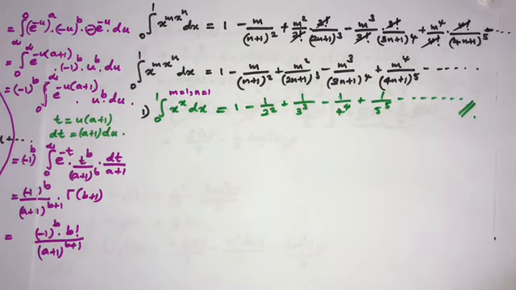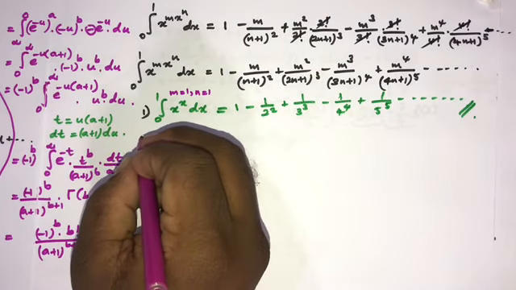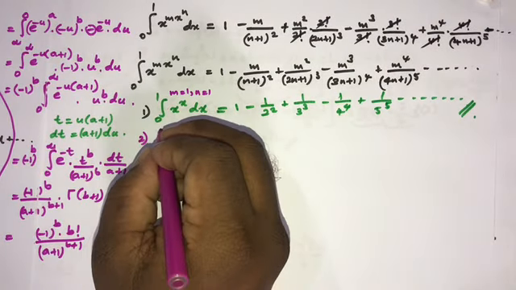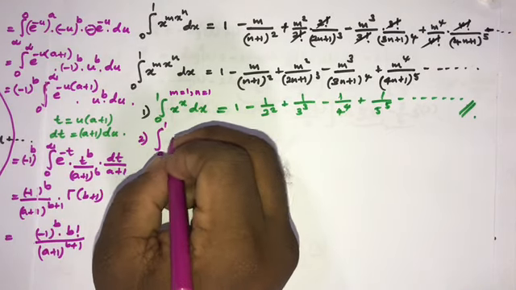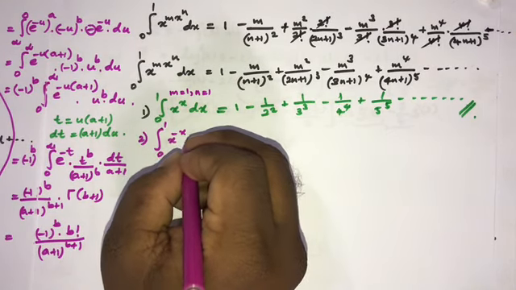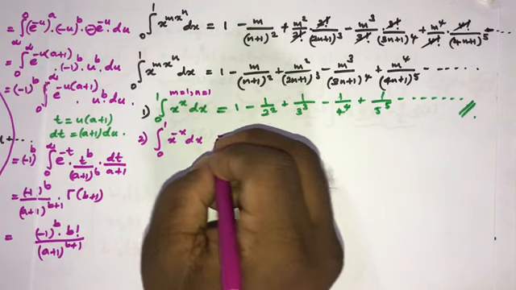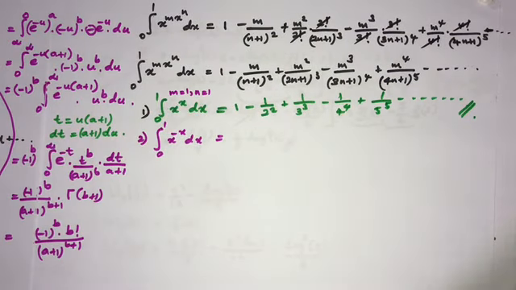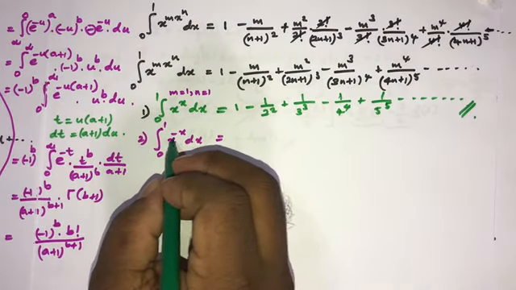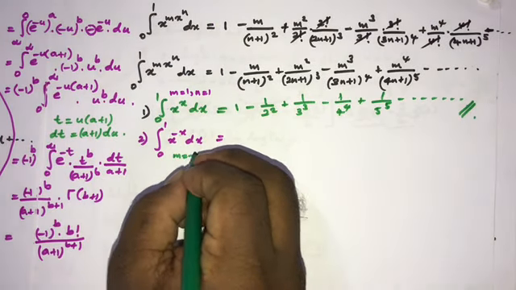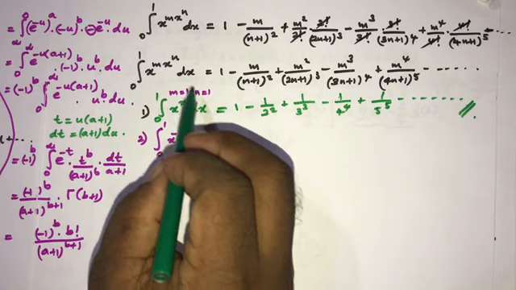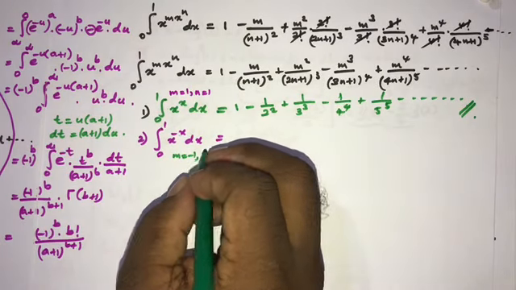Now the second integral, 0 to 1 of x to the minus x dx. For this integral, m is equal to minus 1 and n is equal to 1.